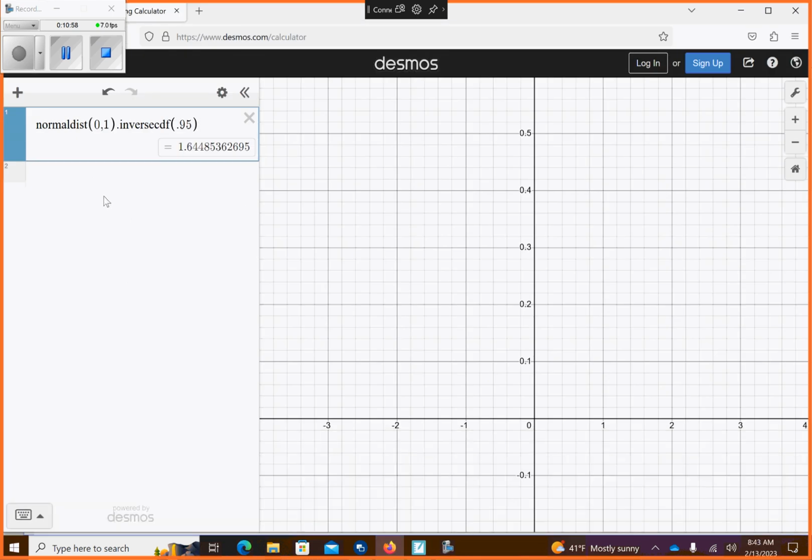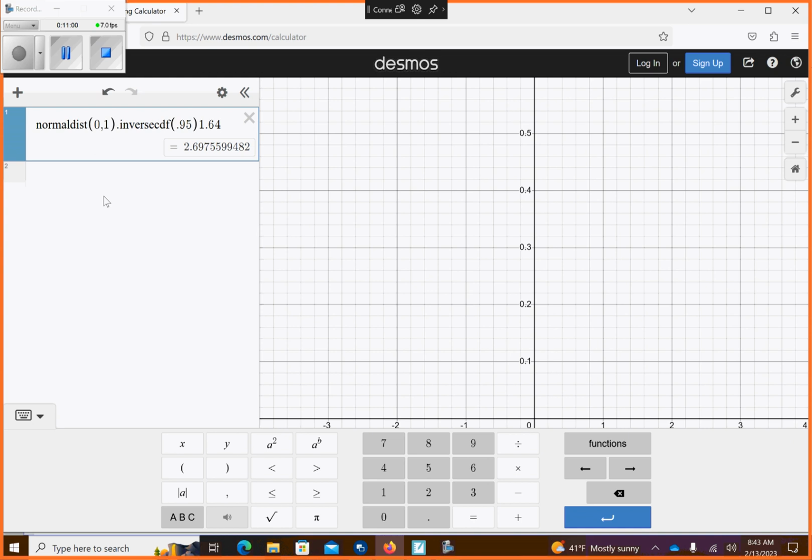So I'm going to go 1.64 times a big old square root. I have a division in there.